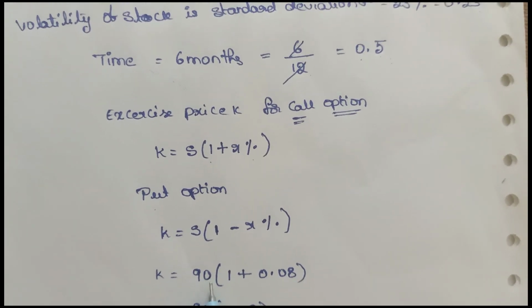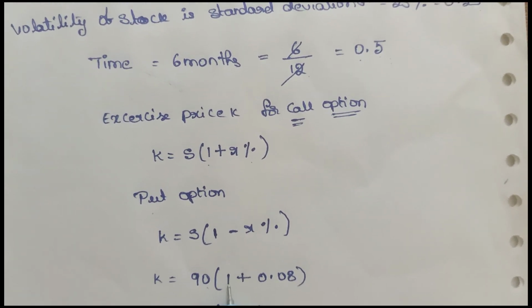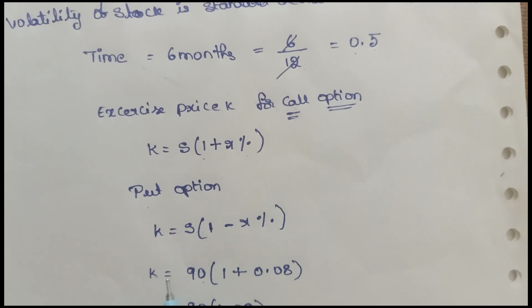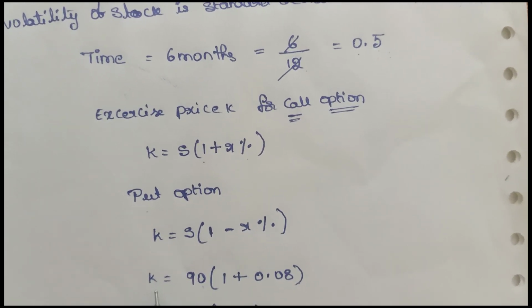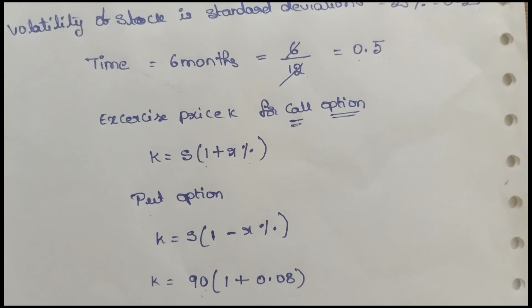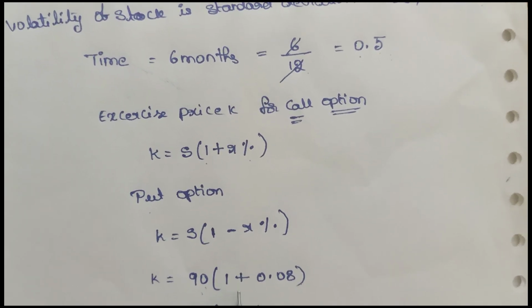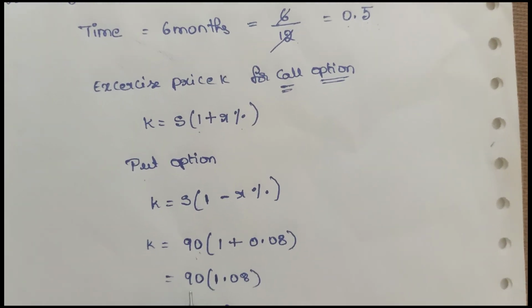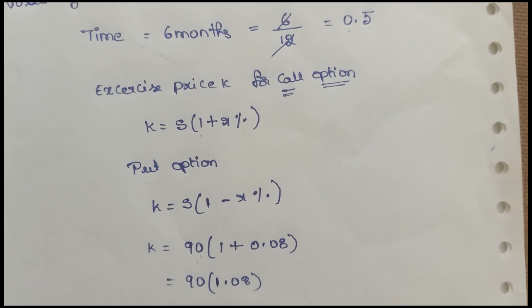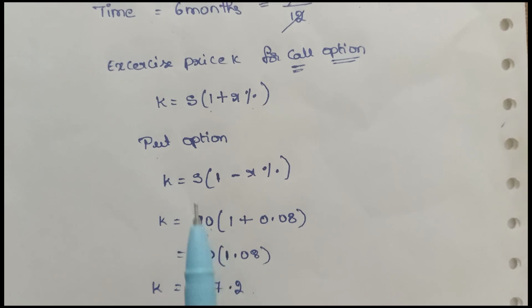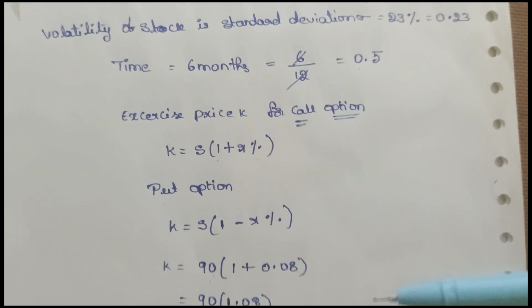So K is equal to, we know the value of the stock, 90, into 1 plus 0.08, since we are calculating the exercise price for the call option. 1 plus 0.08 is equal to 1.08. So 90 into 1.08 is equal to 97.2. This is the first step in the case study.